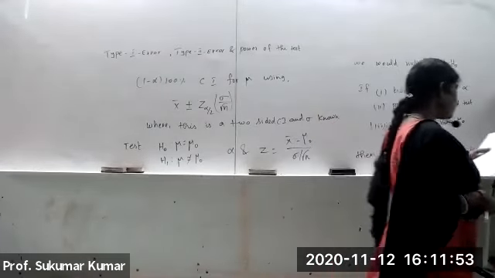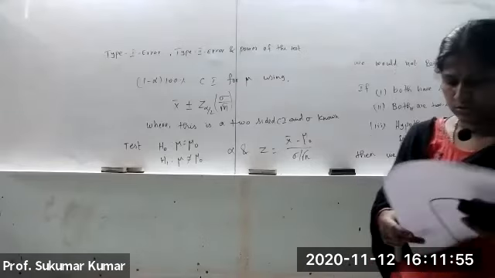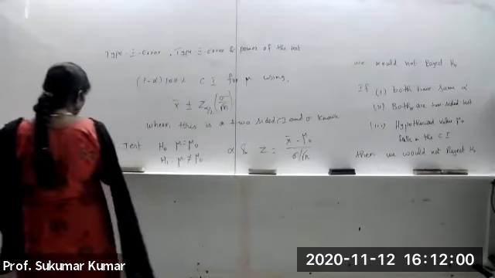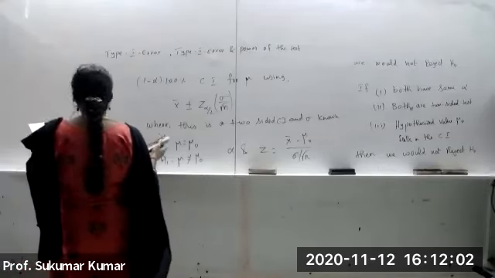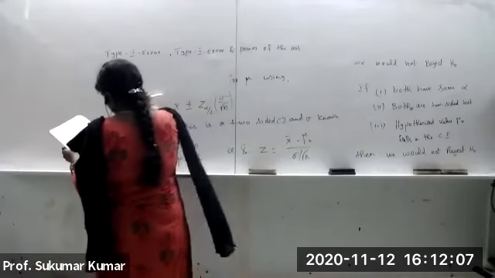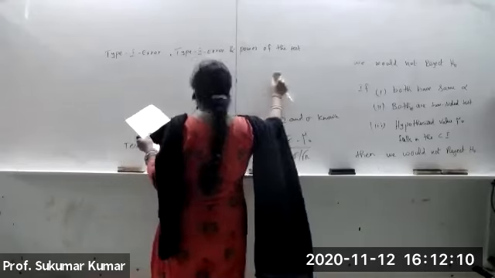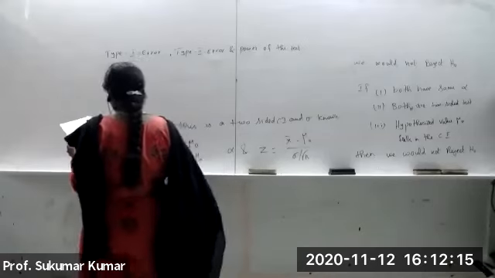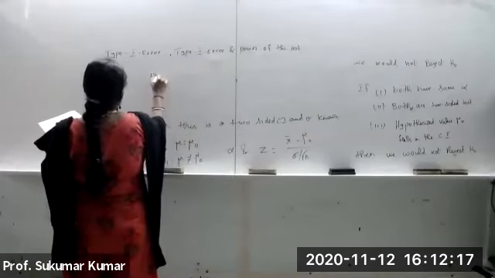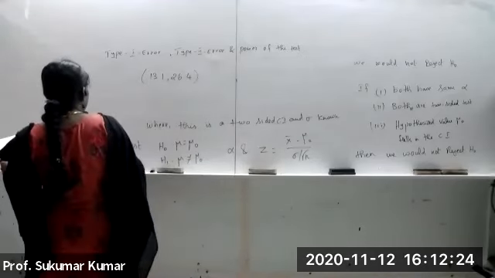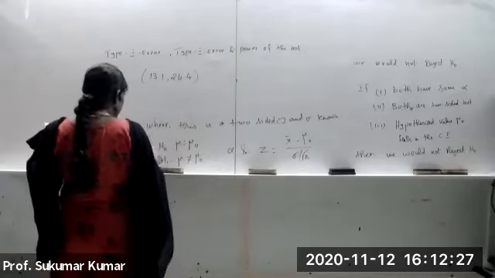Suppose a 90% confidence interval for mu is found to be 13.1, 26.4. That is, your mu value lies in between these two values.